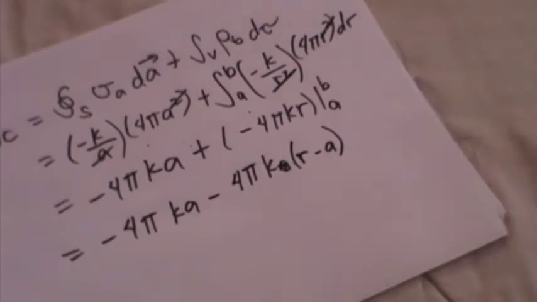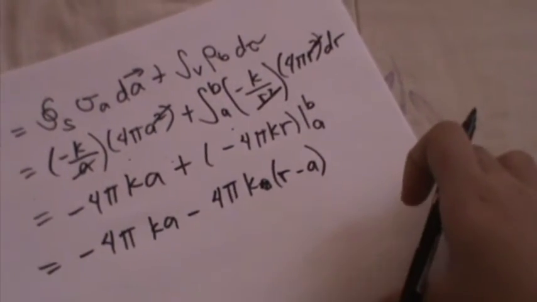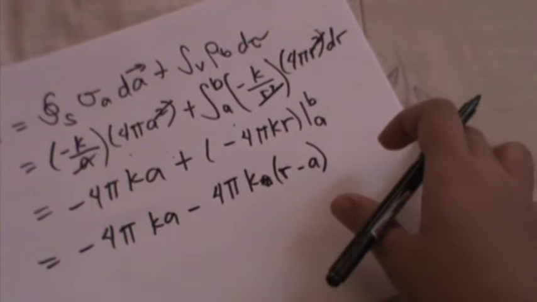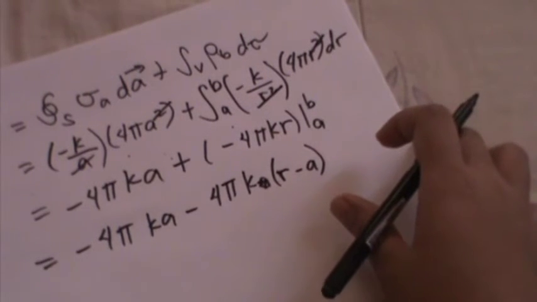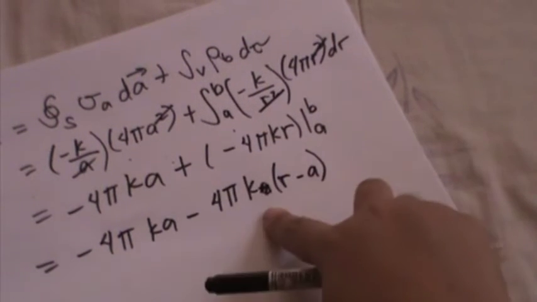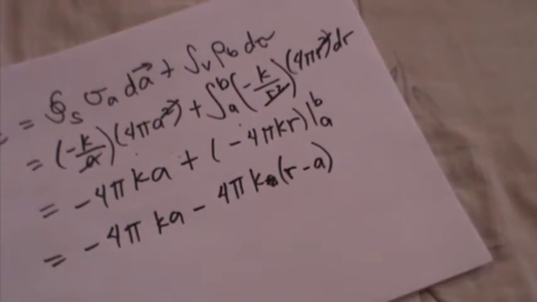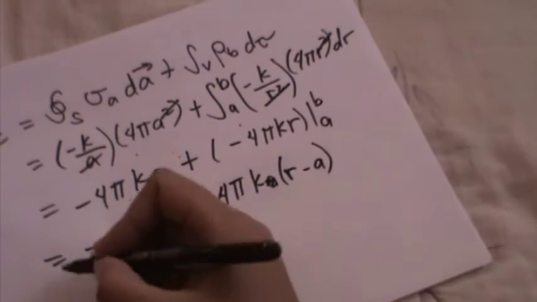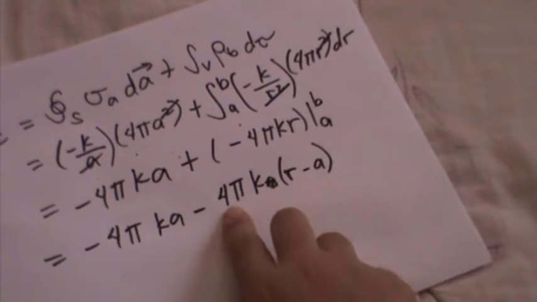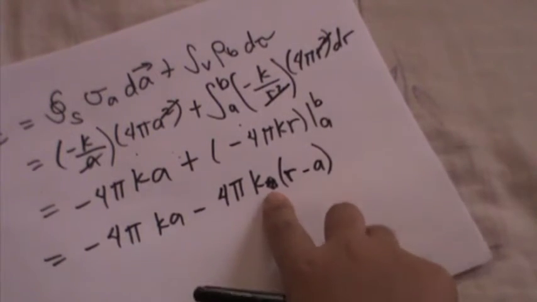So the charge enclosed, if we simplify this one, distribute this one, we're left with negative 4 pi k r.